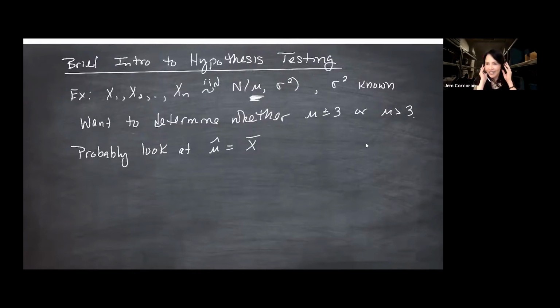But if you get a sample of 10 people, you might easily see it above 3, and that doesn't mean the true mean wasn't 3 or less. So this is going to depend on the distribution of this guy and how much error we're willing to accept in making this decision, because we can't know for sure which of these two things is true based on our sample, because we may have gotten one freaky sample.